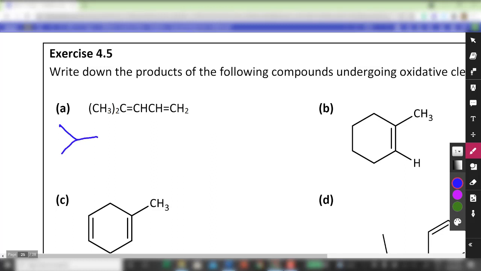In addition to what I've taught you earlier on, I'm going to show you a very systematic way of doing this so that you will not miss out anything. That is numbering the carbon. I'm going to number the carbon 1, 2, 3, 4, 5, 6. So there are 6 carbon in total.